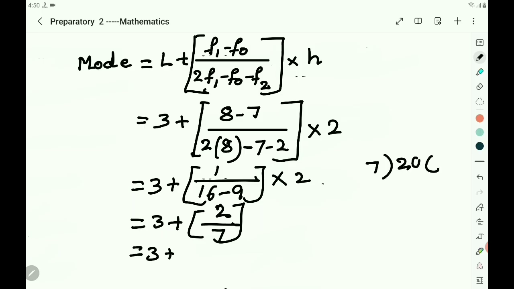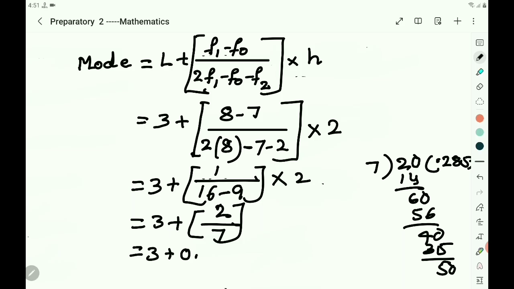Here 2 is less than 7. Put 0 and take point here. 7 twos are 14. 6 is remaining. Put 0. 7 eights are 56. 4 is remaining. 7 fives are 35. 5 is remaining. 7 sevens are 49.